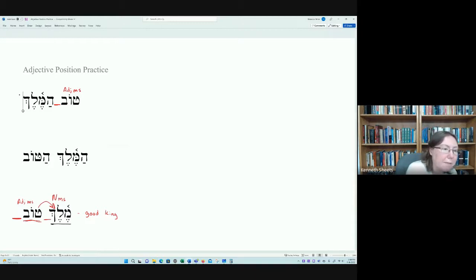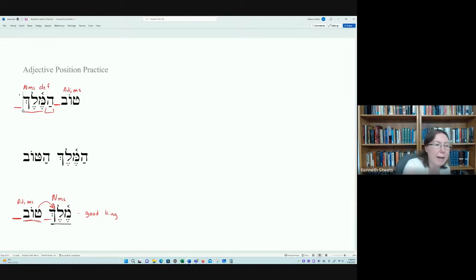Then here I have the noun melech, which as well you can see does not have any ending, so I know this is going to be masculine singular. But also notice on the front of this, we have that hey with the pathak followed by a dagesh forte, which is going to be the article here. So thus, this noun is not only masculine singular, but it is also definite.